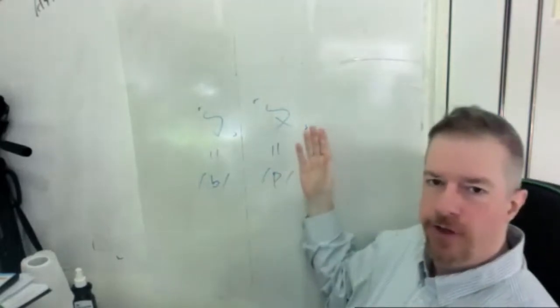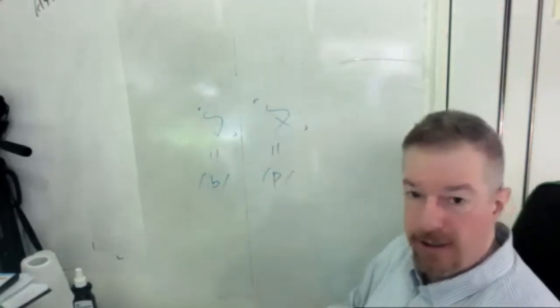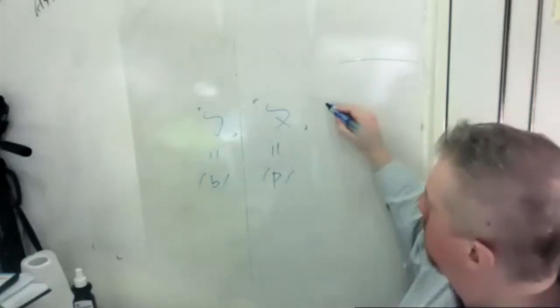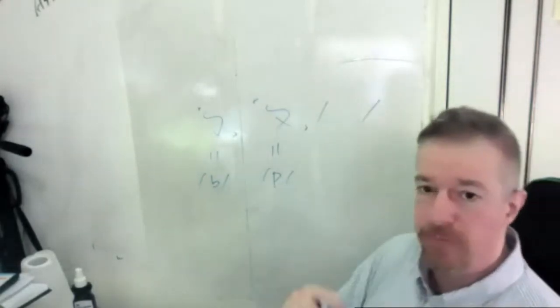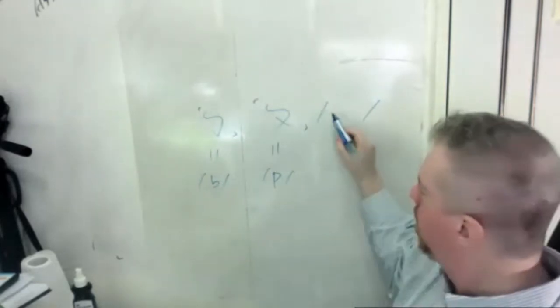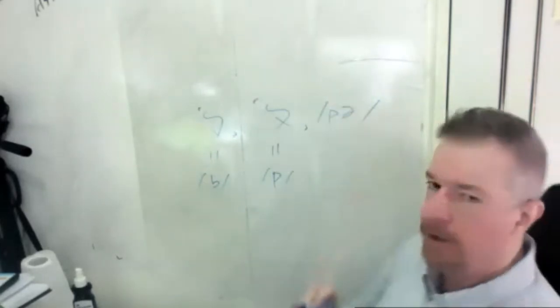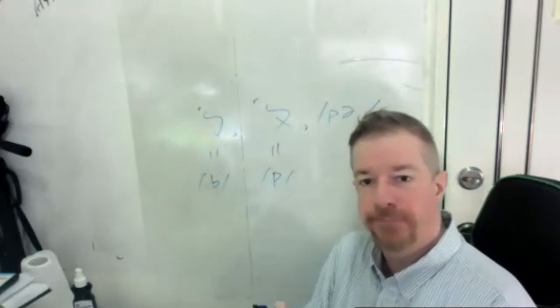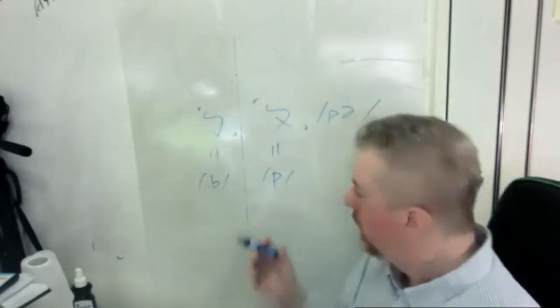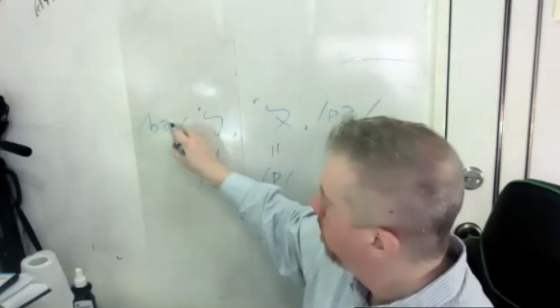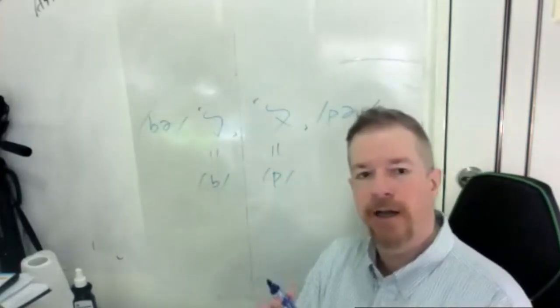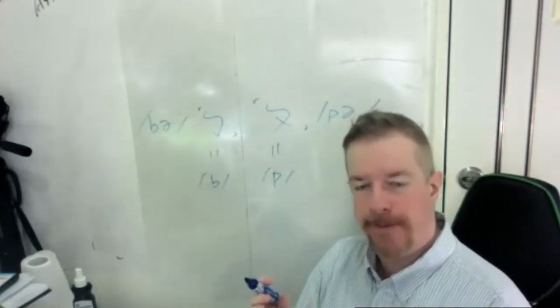So if I were to say this and give it the, well, let's use KK just to be confusing. And I would say this, it would look like P. And you would say that this looks like B. But again, is that actually true?